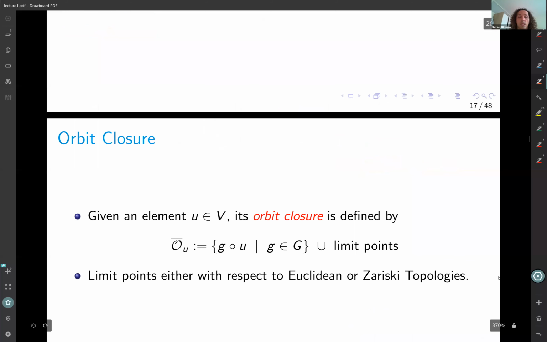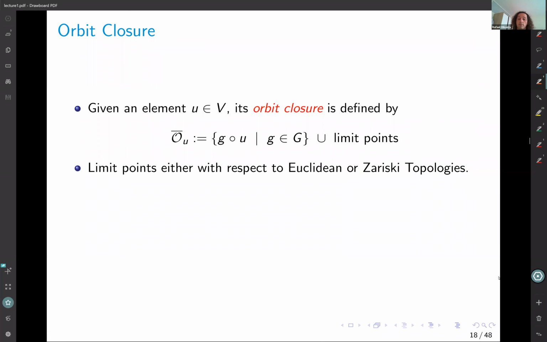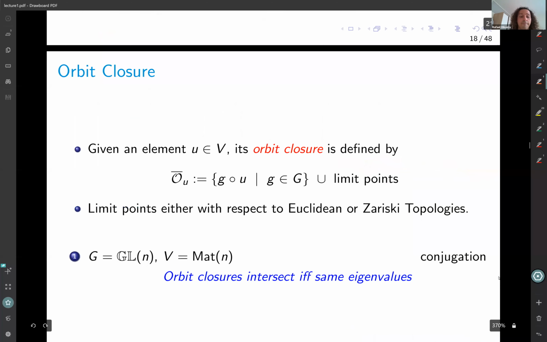I'm just going to say limit points in terms of Euclidean topology just because it's more familiar, but for those of you who are also familiar with the Zariski topology, well, they're the same. Limit points will be the same with respect to the Euclidean topology or the Zariski topology. So you can pick whichever topology you like, and let's just add those limit points.